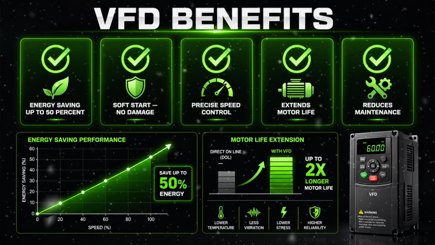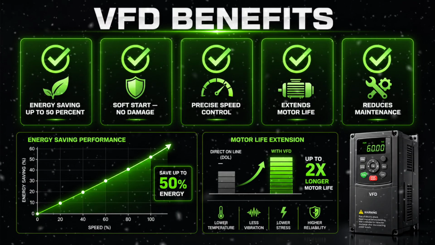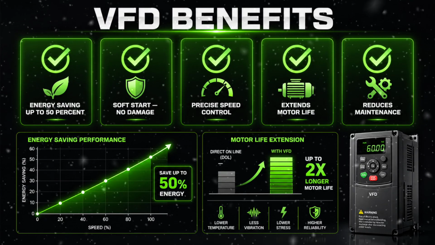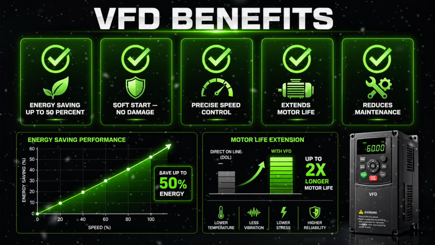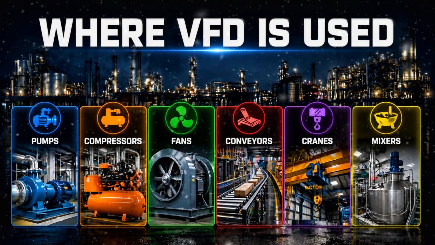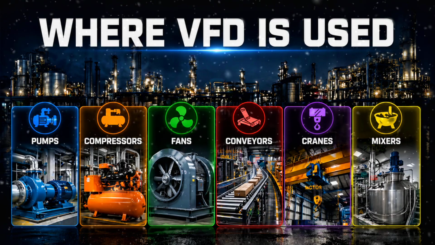Benefit 4. Reduced maintenance. Less mechanical stress means less bearing wear, less downtime, less spare parts cost. These benefits are why VFDs are now standard equipment in every modern industrial plant.